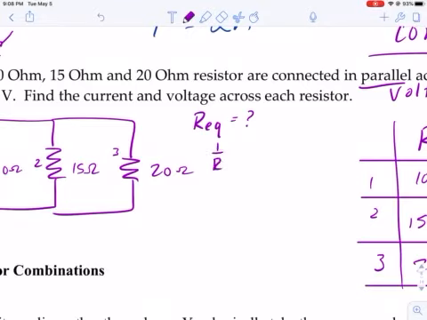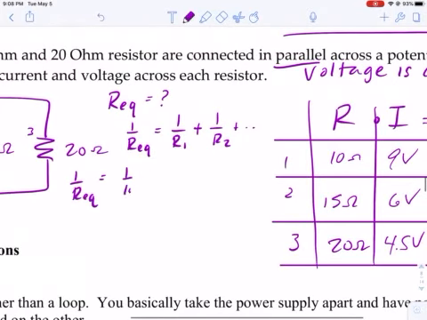The formula for equivalent resistance in parallel is reciprocal. 1 over the equivalent resistance for the entire circuit equals 1 over R1 plus 1 over R2, and you can keep going for as many resistors as you have. So for this one, we would say 1 over the equivalent resistance is equal to 1 over 10 plus 1 over 15 plus 1 over 20.